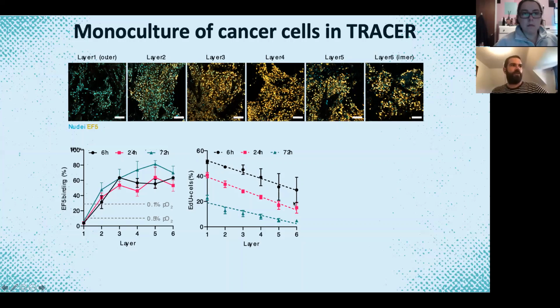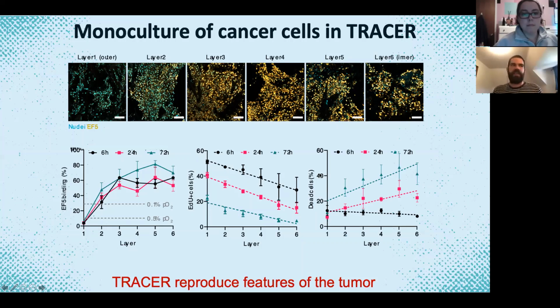If you look at this graph, EdU is the tool that we use to quantify cell proliferation. In layer 1, outside of the tumor, you have more cells that proliferate than in layer 6, and that's correlated with cell death, which makes sense. There are fewer cells that proliferate, less oxygen, so more cells die in layer 6. It's exactly what you see in tumors in humans, and we recapitulate that.